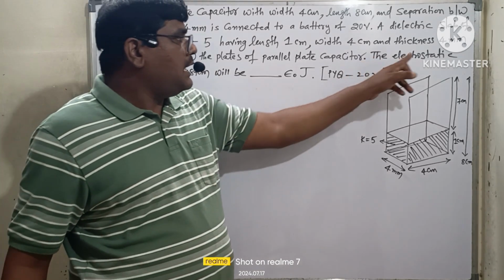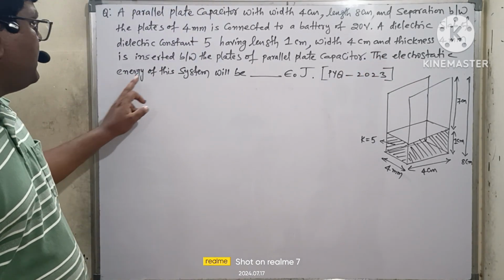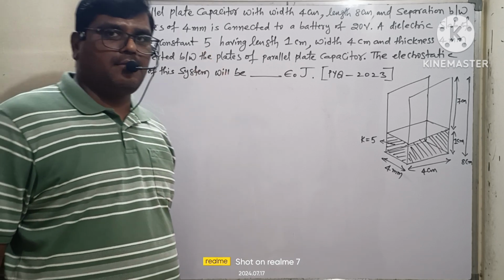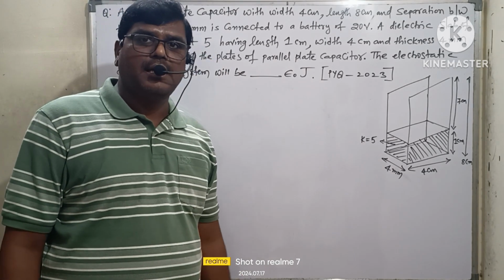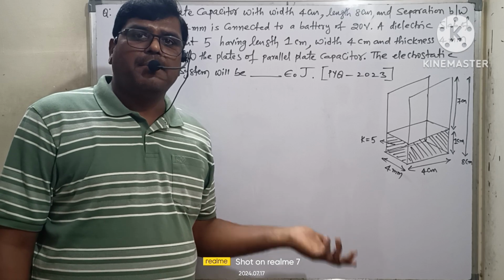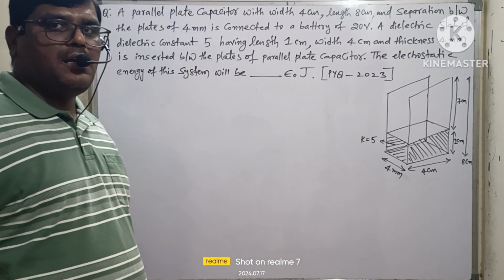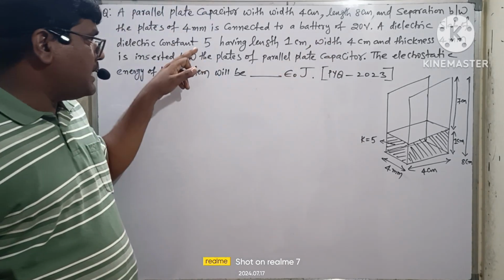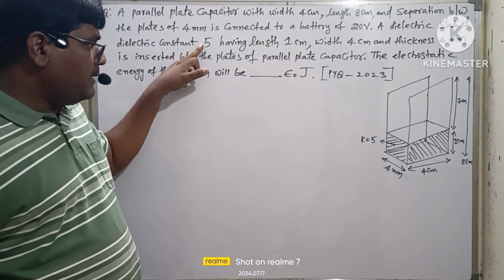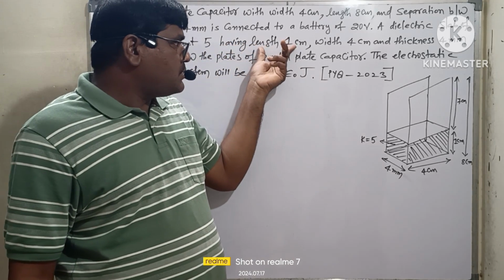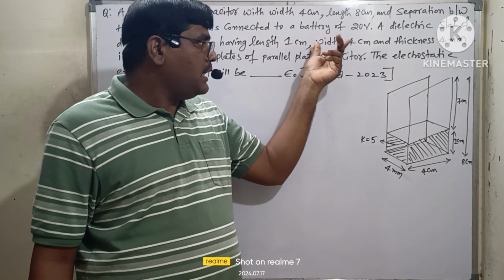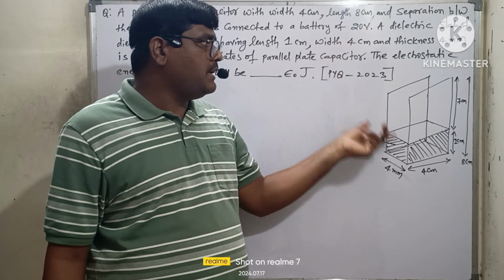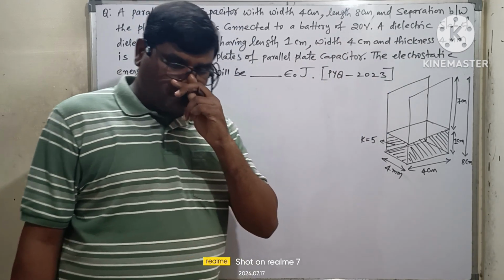Now the electrostatic energy of this system is what is finally being asked, the energy of the parallel plate capacitor after introducing the dielectric material of dielectric constant phi with its given dimensions.